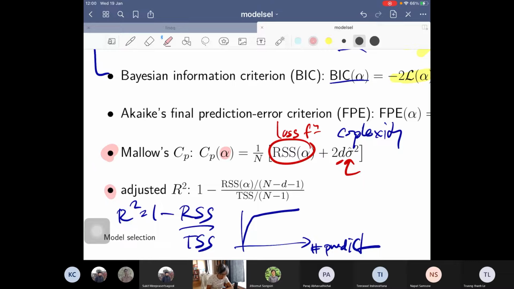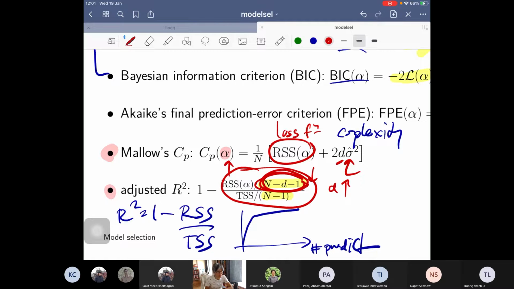For adjusted R-square, now you have an additional term that is multiplicative to the residual sum of squares. This term has n minus d minus 1. So it basically means that the more predictors you add in the model, if d is big, this denominator would be less, right? And it will bring this portion up to be higher.